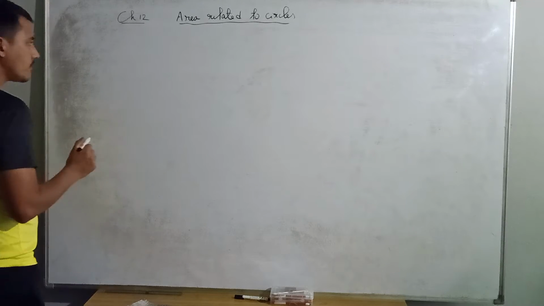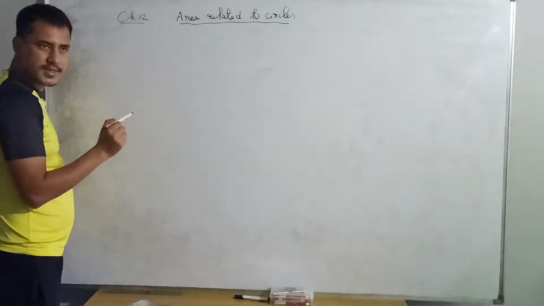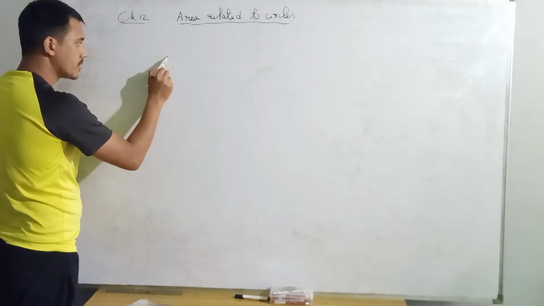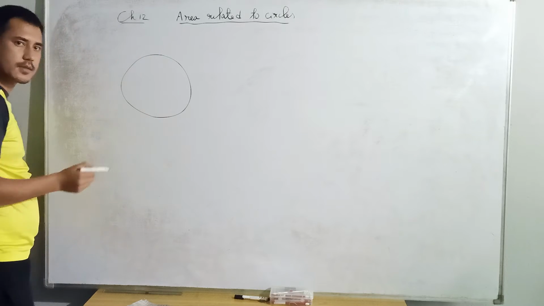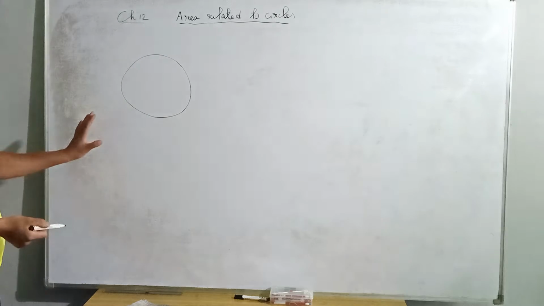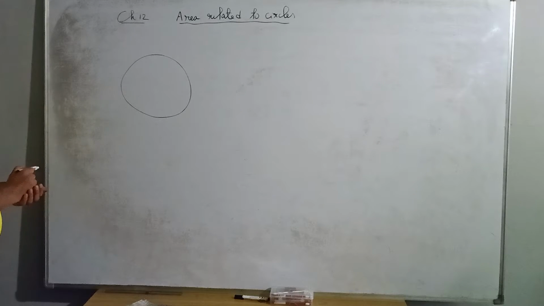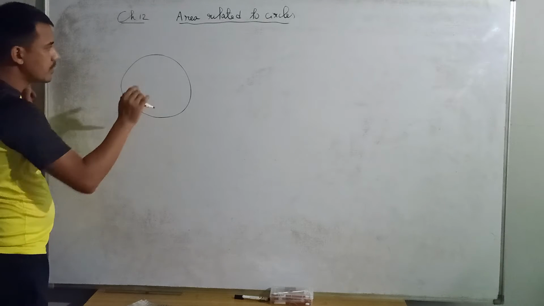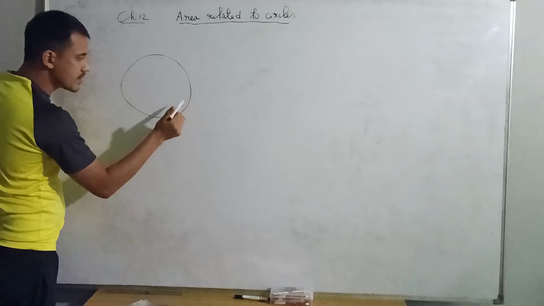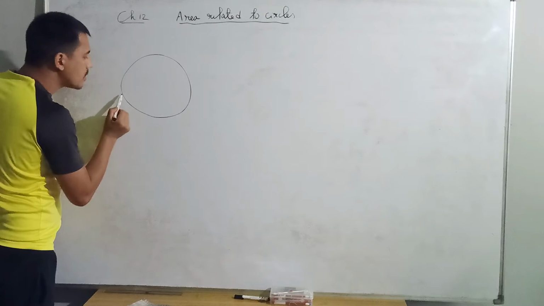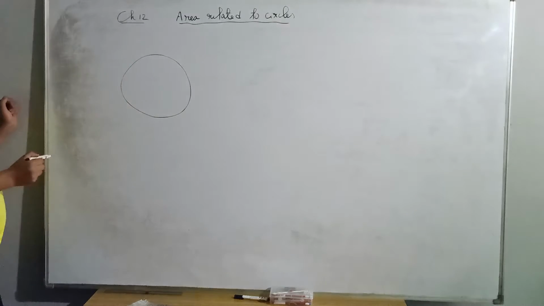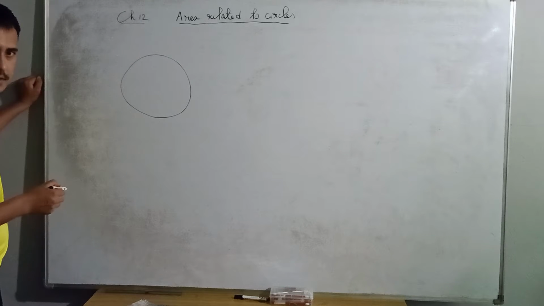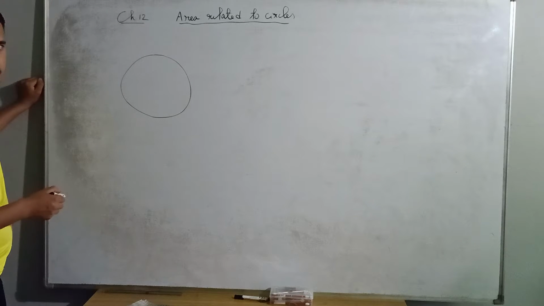Now, we already know what is a circle, so this is a circle. The total distance around a circle is known as its circumference, or we say it as perimeter.